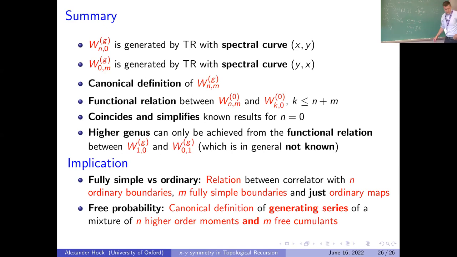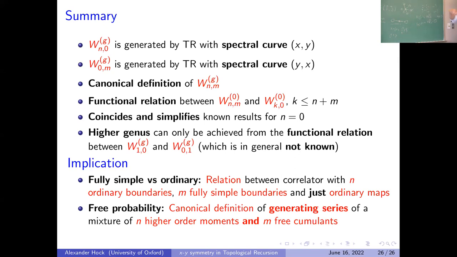Yeah, you can run this game, but here you have no ramification point, right? It means that from X,Y, I compute all the W_{g,n,0}, let's say. And from Y,X, I would compute all the W_{g,0,m}, which are actually 0 for negative Euler characteristic, because they have no ramification point.